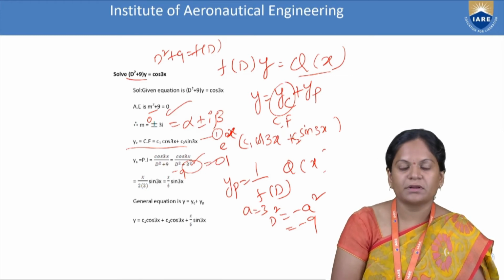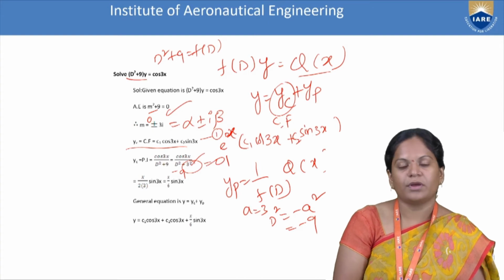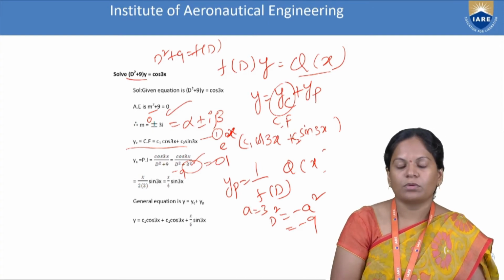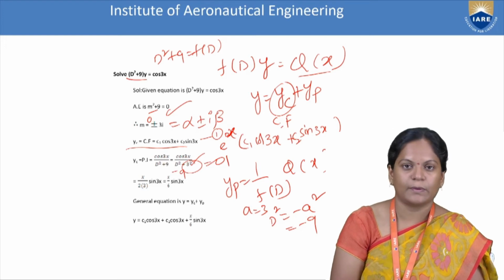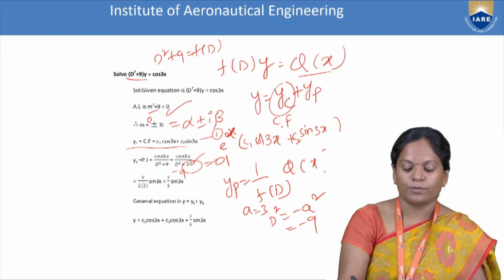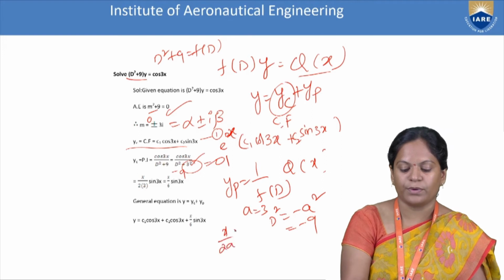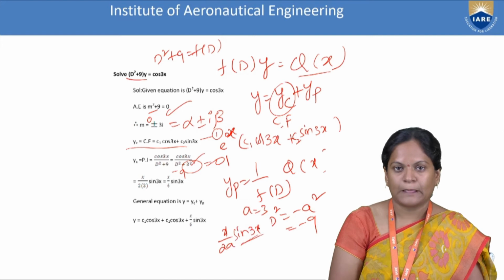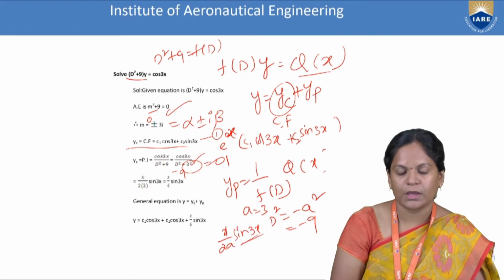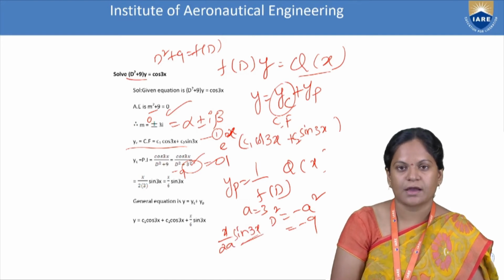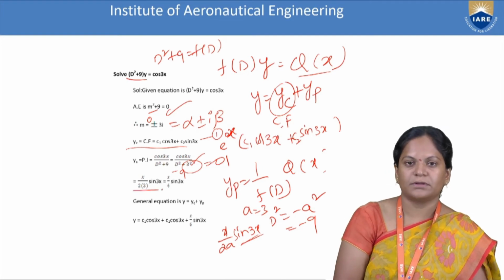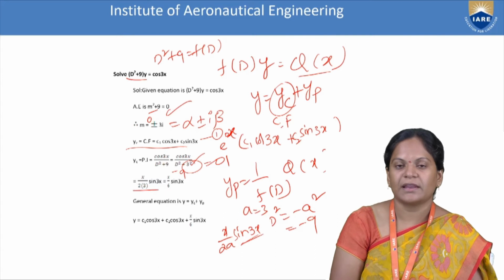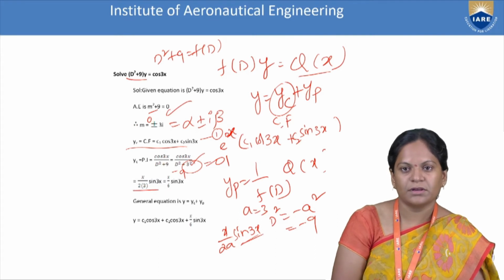If the denominator is equal to 0, we have a direct formula: cos ax by f of d, where f of minus a square equals 0, gives x by 2a sin ax. What is a here? 3. So x by 2 into 3, that is 6, times sin 3x.